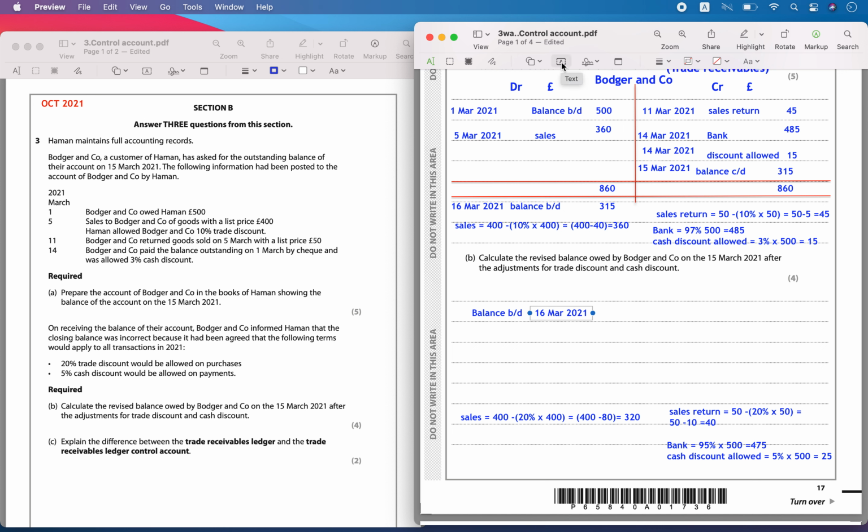So I'm going to write the same thing: it would be 315 debit. It's a positive, it's on the correct side. So 315 will have to be adjusted now.